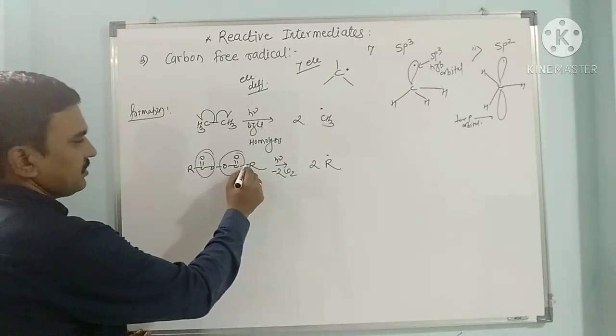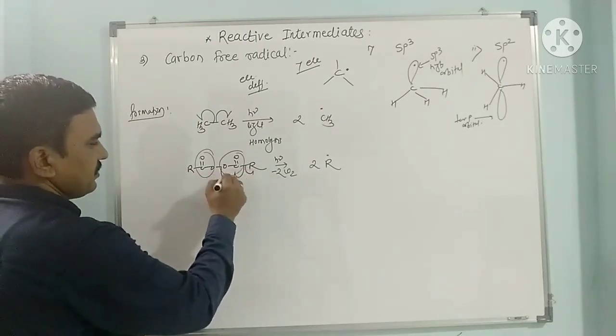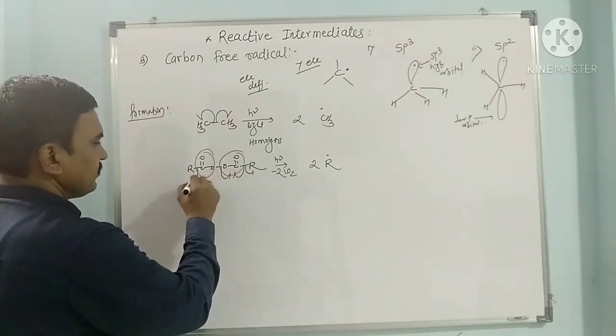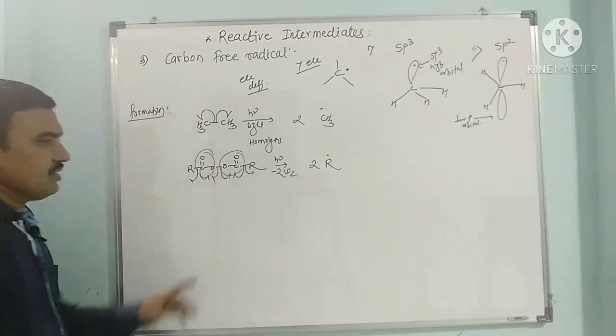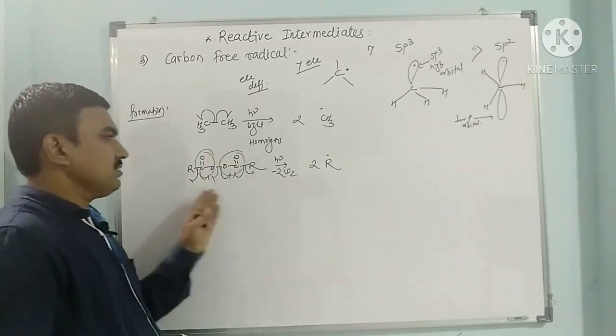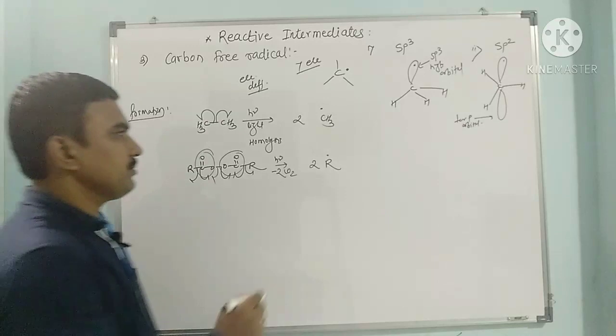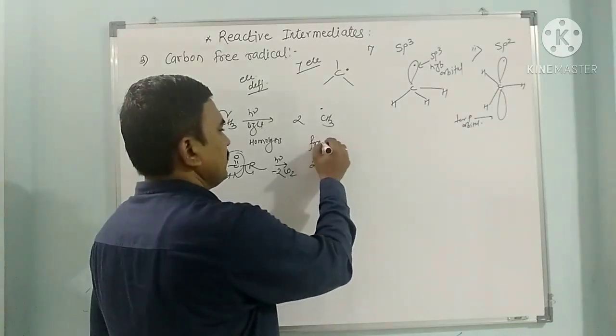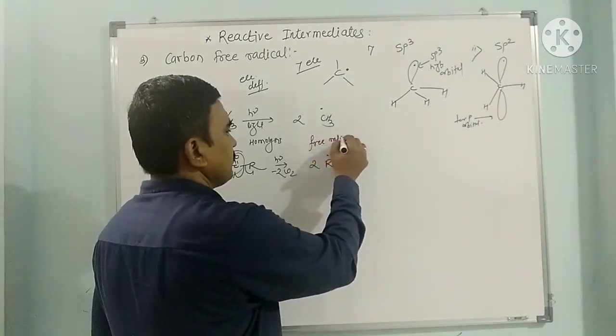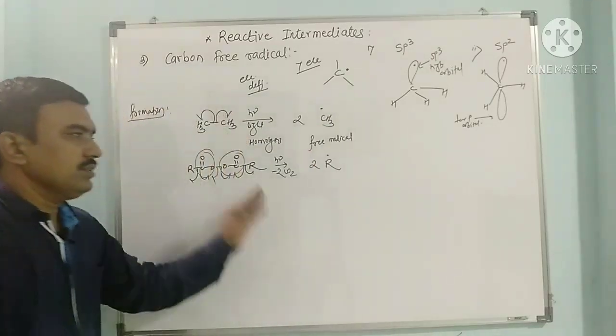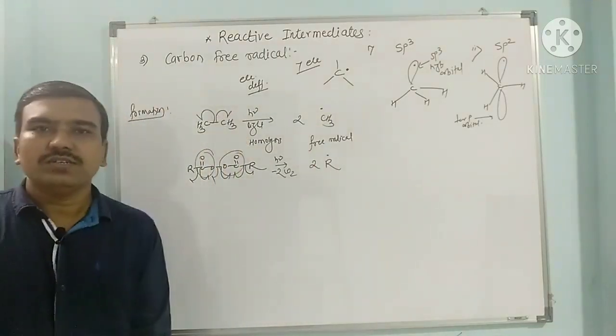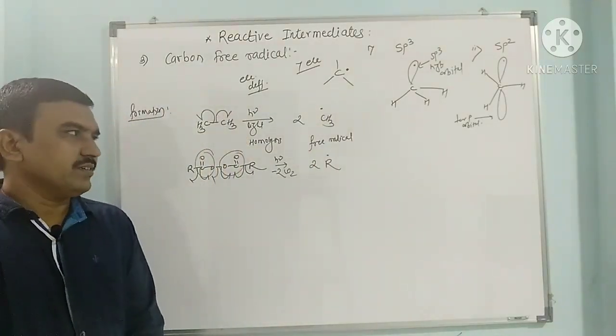So two CO2 molecules are lost with the formation of two alkyl free radicals. This is the formation of alkyl free radical.